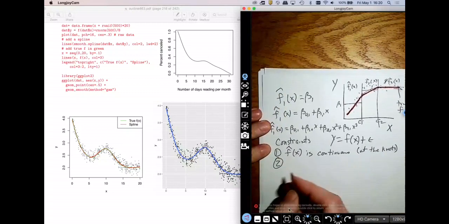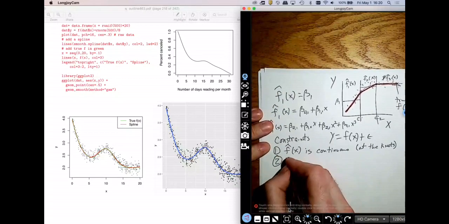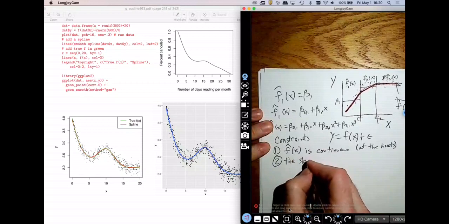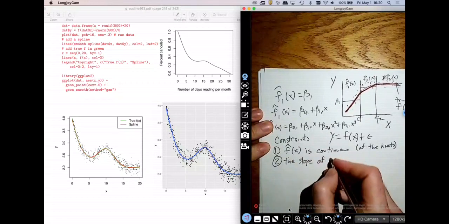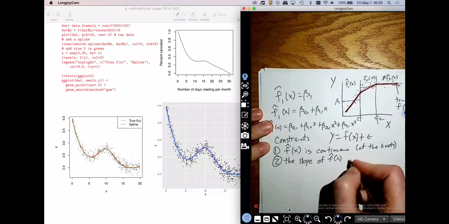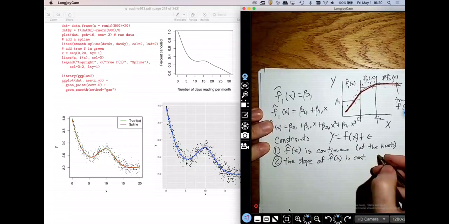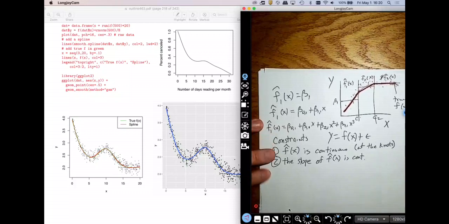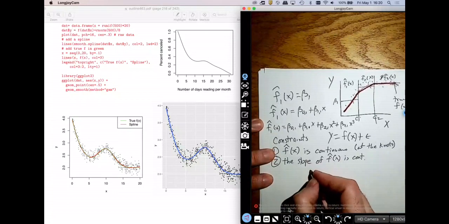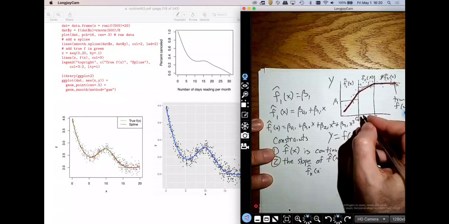Constraint number two is that the slope of f hat at x is continuous. In other words, if I take the derivative of some f hat k at x, well, this is C1 and this is bin 1.